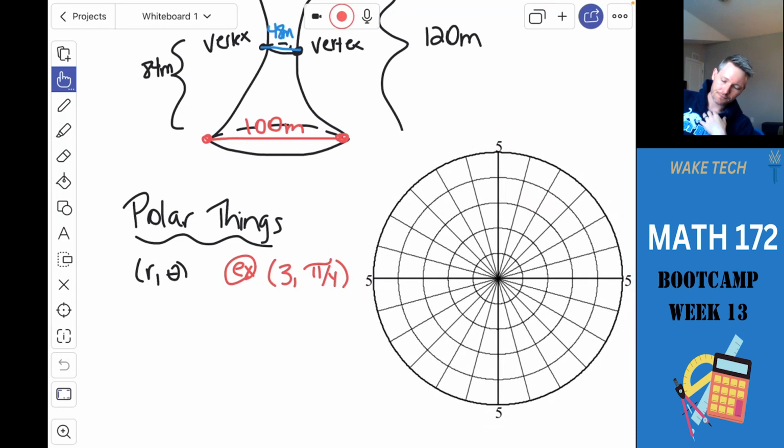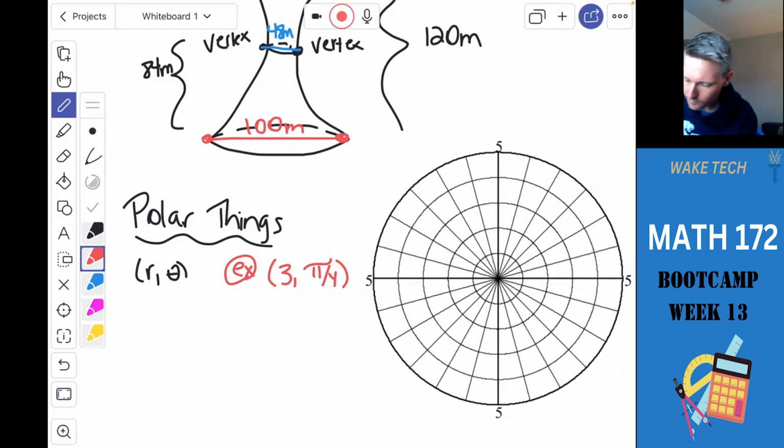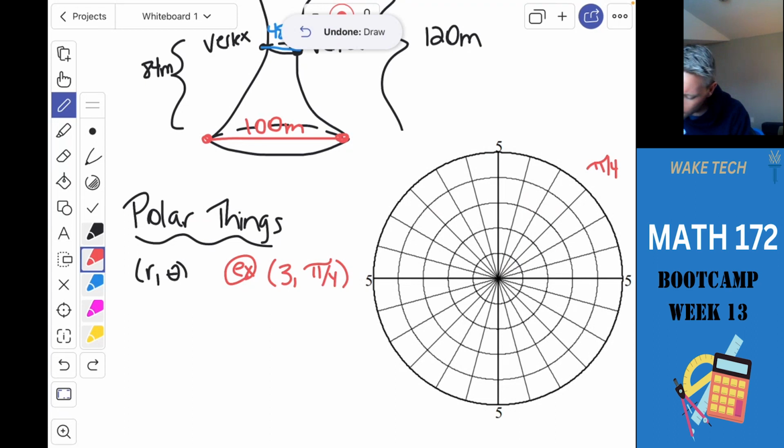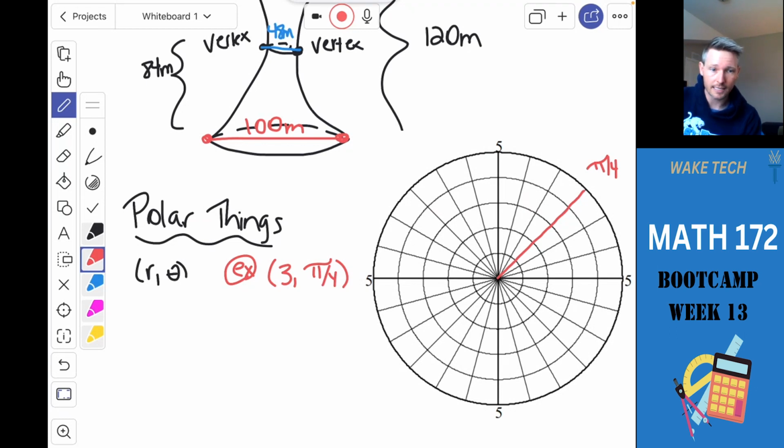What we would do is identify the angle pi over 4. That one's here. And then we would travel towards that angle, towards pi over 4, and go 3 rings from the origin.